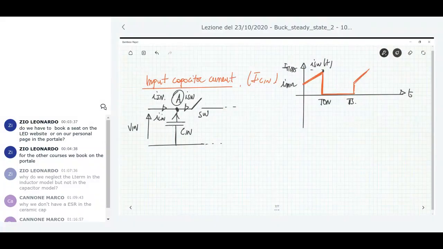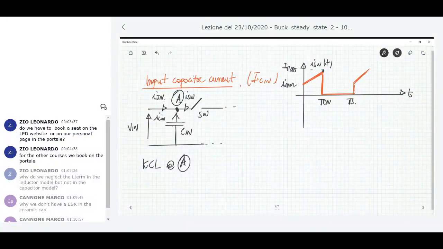We have a node here to which we can apply the Kirchhoff current law. I write this law with the letters KCL, which stands for Kirchhoff current law, at node A. Kirchhoff current law at node A says that, let me discuss this for the average quantities.